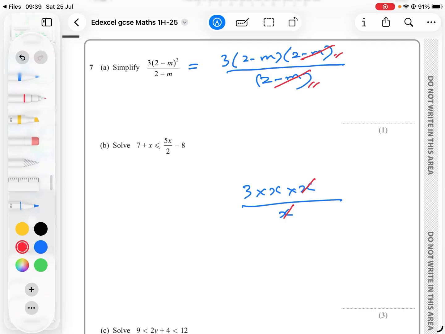So what is left? It equals 3 times 2 minus m. That is your answer.